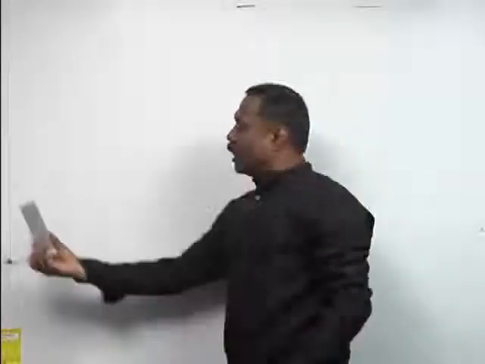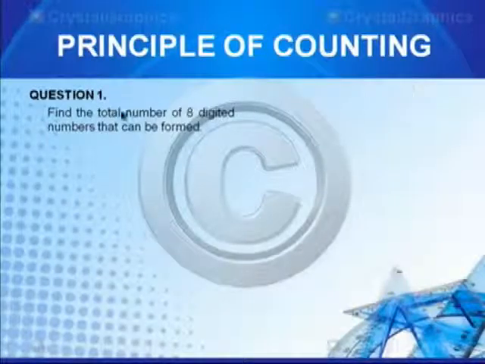Okay, now the first question here, you can see: find the total number of 8-digit numbers that can be formed. Very simple question. Nothing is given. A single sentence, you can say. Then what must be your thinking?